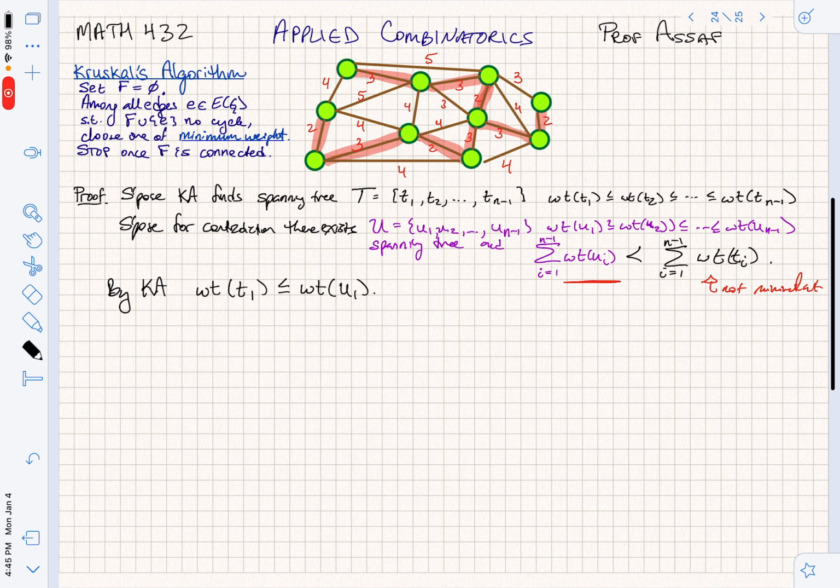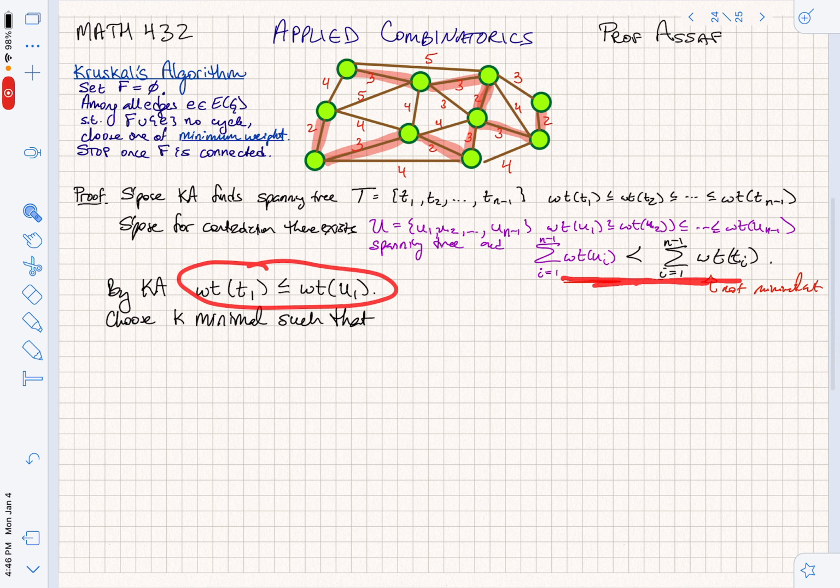So now I'm going to need to get some more information in here. So I'm going to choose, this is where it's going to get the contradiction. So choose k to be some number, minimal, such that the weights flip. So I'm thinking here of the partial sums of the weights. If I take all the weights and add them up together, then U is less than T. But here initially, T wins.